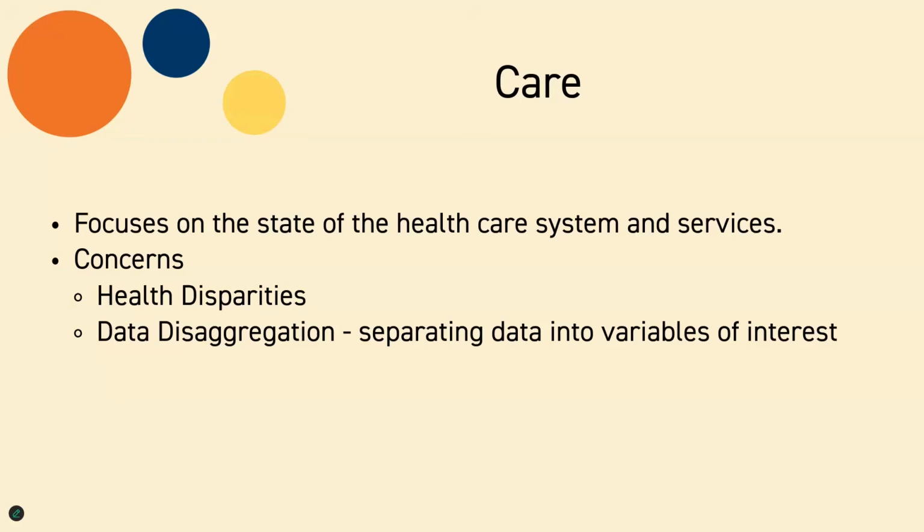Another concern is data disaggregation. This is basically separating the data into variables of interest or the individual units. Oftentimes when we are searching for data and we're not doing the boots on the ground research ourselves, the information that you're going to get is more in groupings. So you'll have an overall population, like 30% of country residents have this condition, or rural residents have this condition.